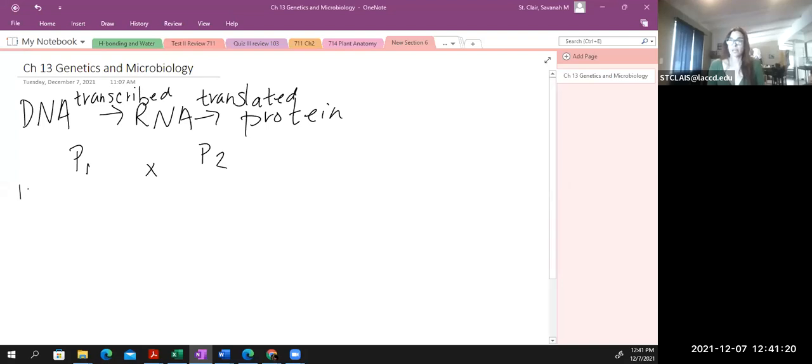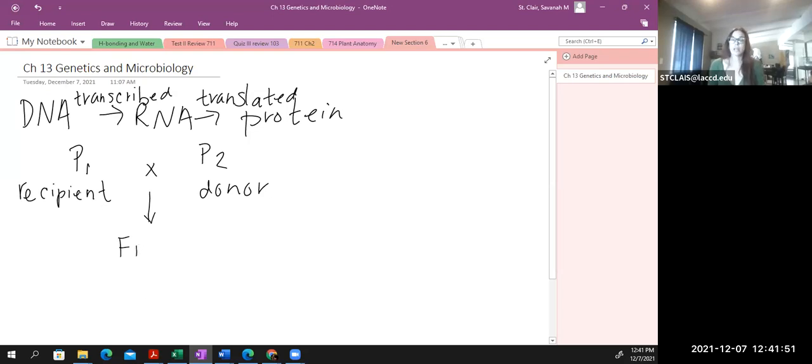Okay, so that parent that has most of the traits that we want is going to be the recipient parent, as opposed to the donor parent, which is going to be the one that is going to give the trait that you're trying to introgress. Okay, so remember when we cross these 2 individuals, then we're going to get the F1 generation, okay?